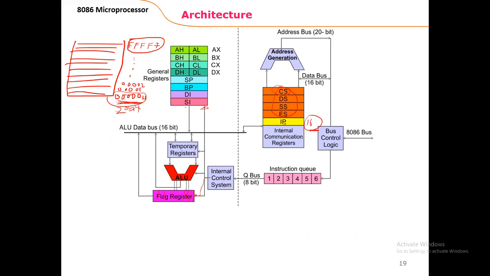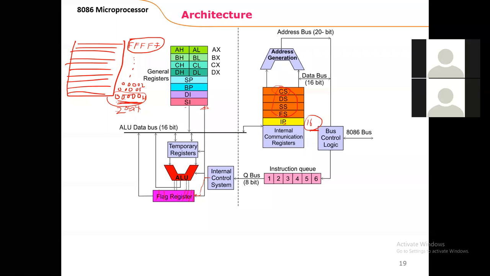You know that we already declared our 8086 microprocessor works segment-wise. These are 4 segment registers: code segment, data segment, stack segment, and extra segment.